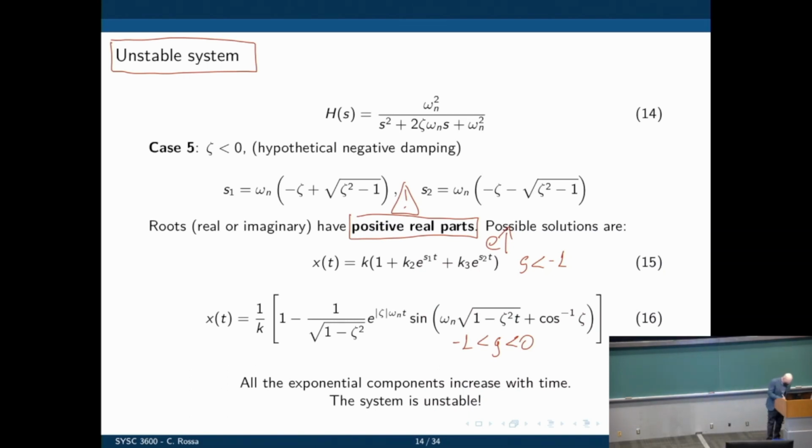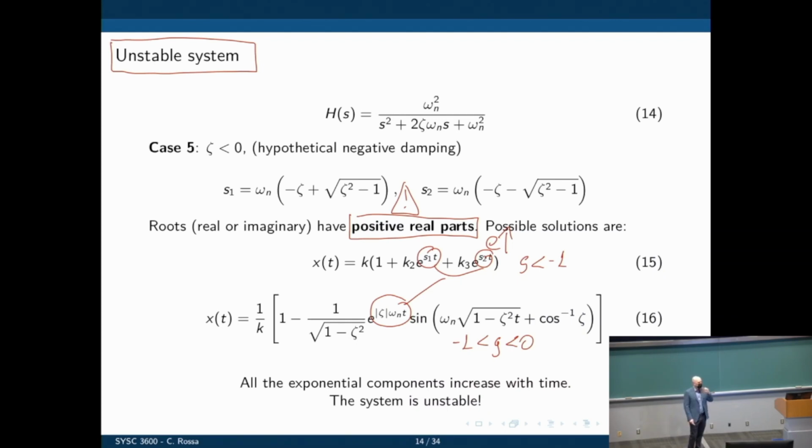but in both cases the problem here is that the exponentials have positive coefficients, and so long as one of them has a positive coefficient, everything else blows to infinity. So long as we have one pole with a positive real part, the entire system is unstable.